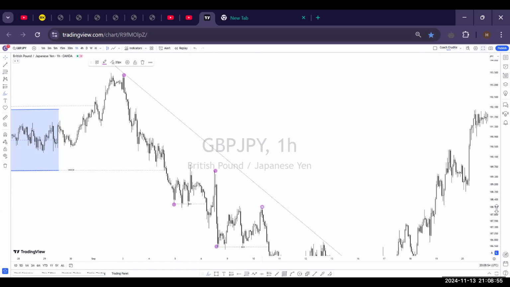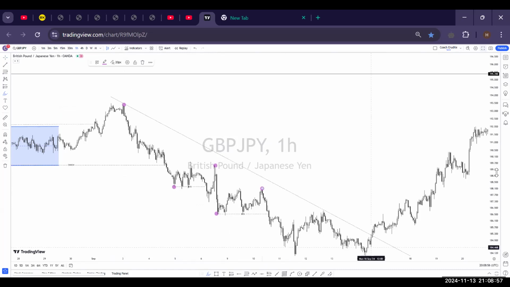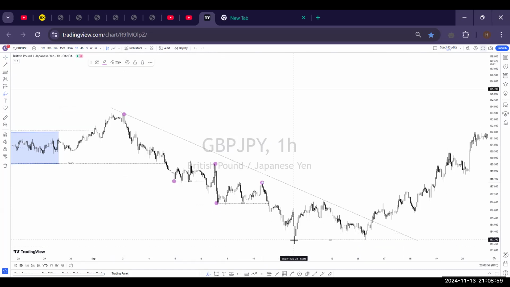Let me reduce this. We have another lower low, lower high. Then we have a low here, a lower low here. This is a low, instead of being a lower low.